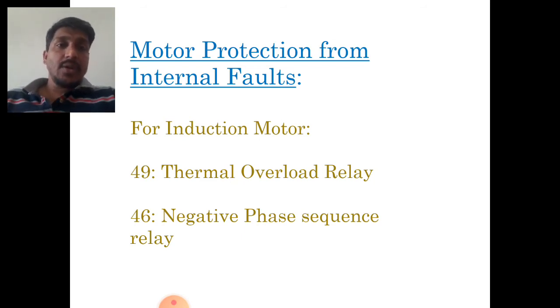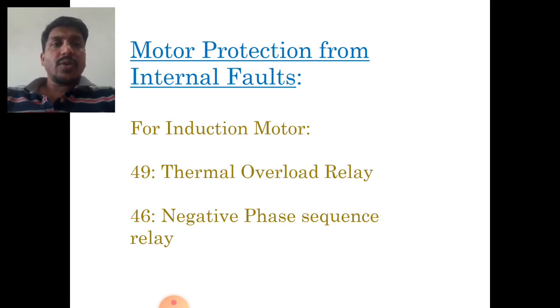When the flux rotates in the opposite direction, it cuts the rotor, and so additional current is induced in the rotor windings, which overheats the motor due to the induction of additional currents.